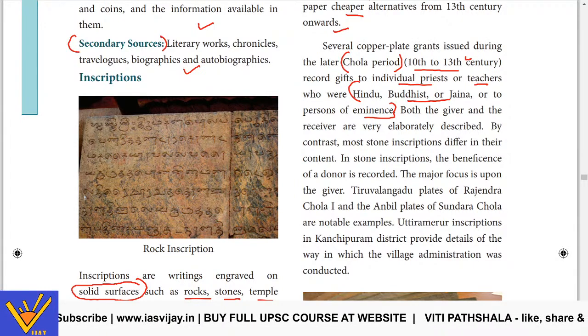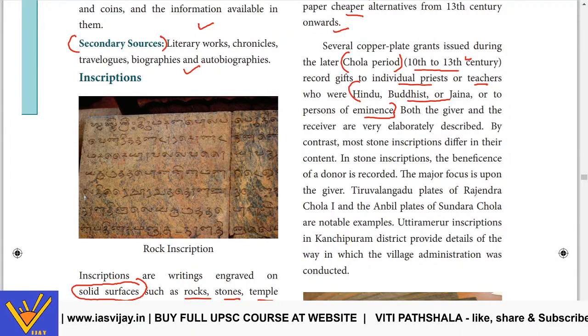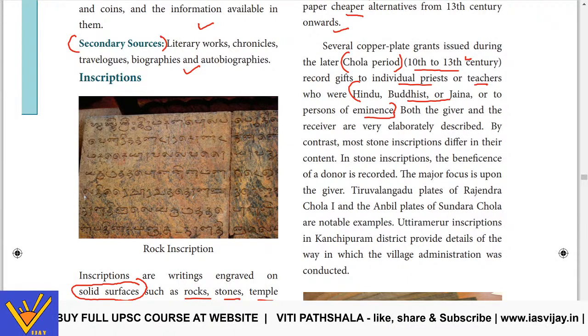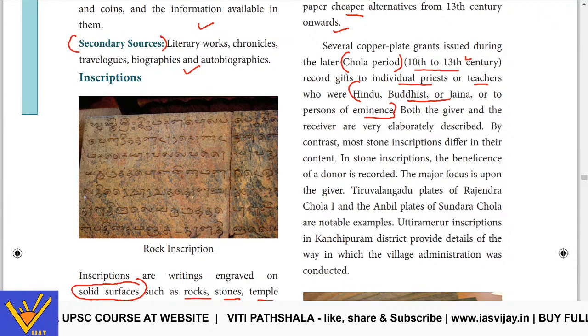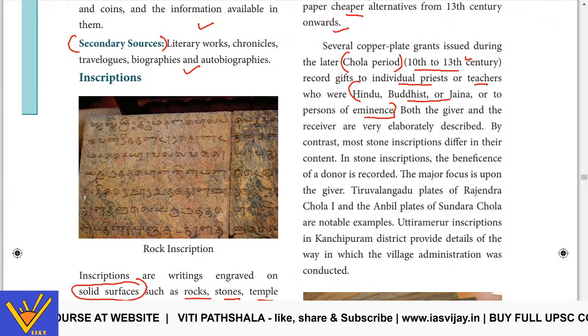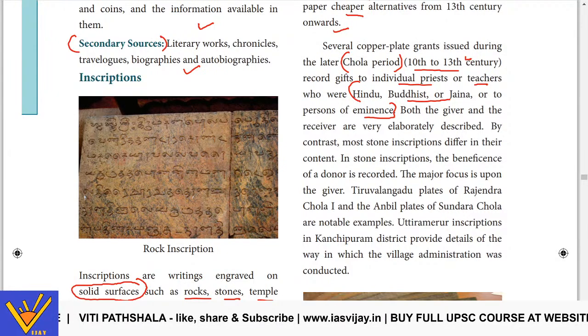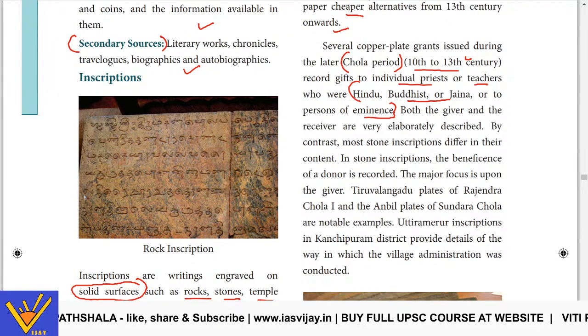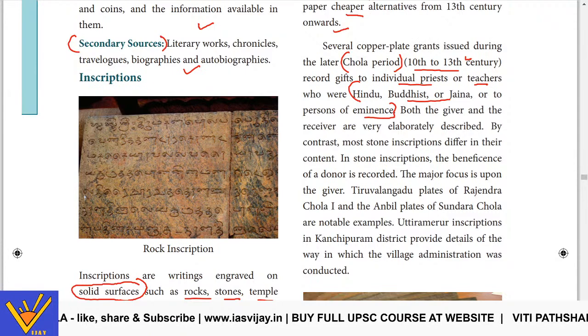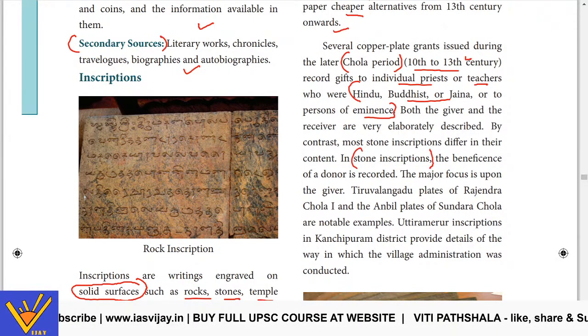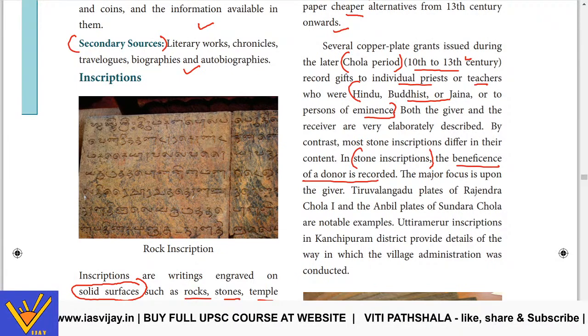By contrast, most stone inscriptions differ in their content. In stone inscriptions, the beneficence of the donor is recorded. So what will you find in a stone inscription? It will be written about the beneficence of the donor.